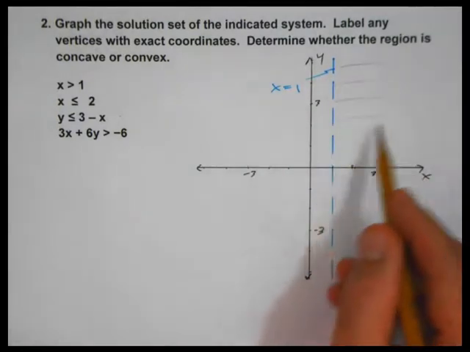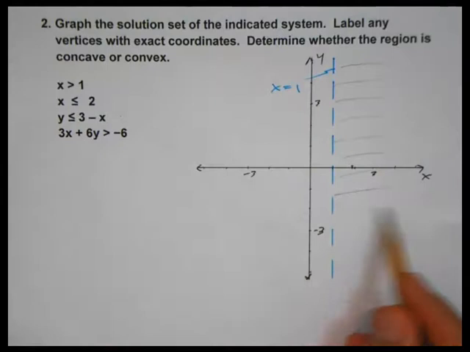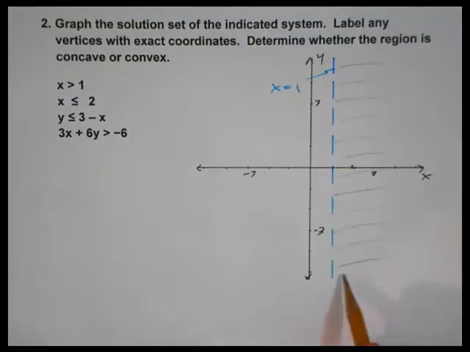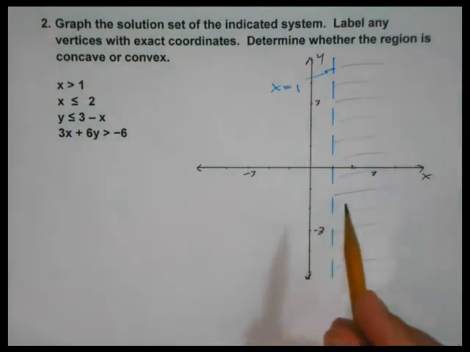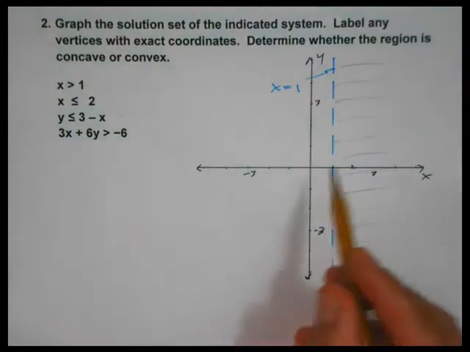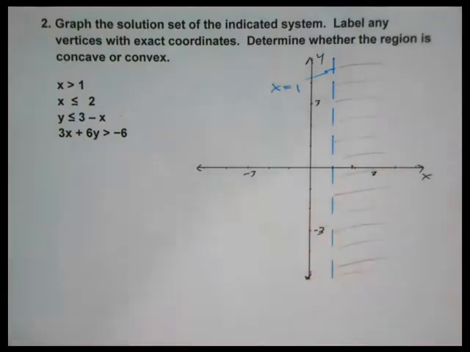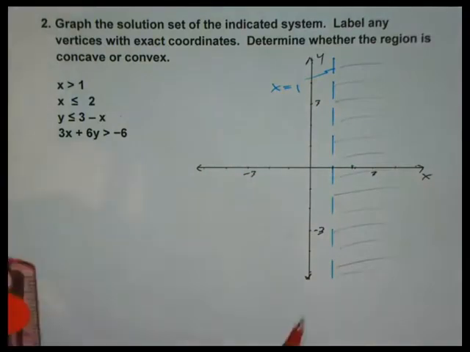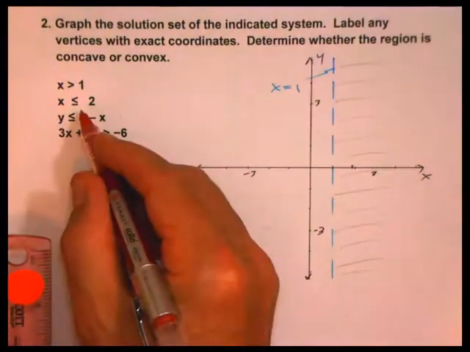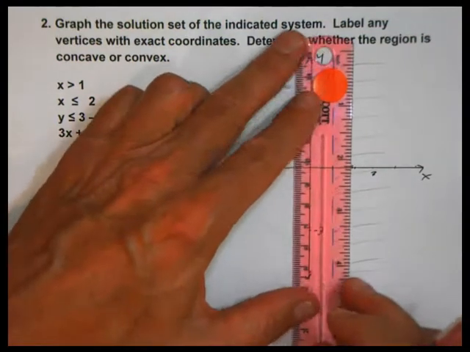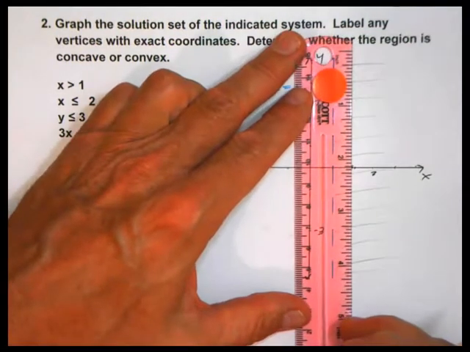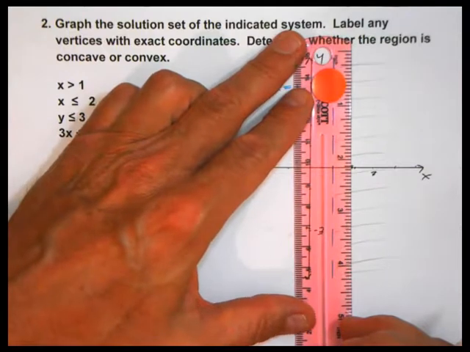And because this is a system, I just use a pencil to keep track of graphs right now, because I want to only shade the true common intersection of all 4 of these half planes. Okay, let's go to the second inequality here. Another contrasting color. And let's see, x less than or equal to 2. The boundary line is x equal to 2. Vertical line, x-intercept (2, 0).